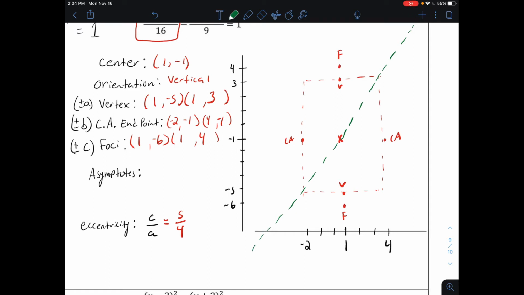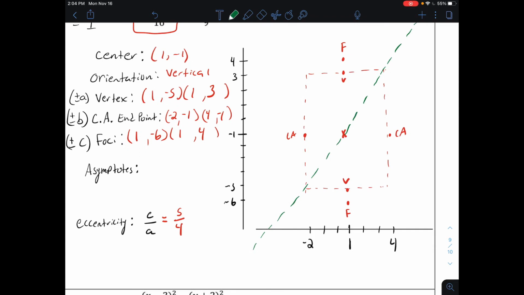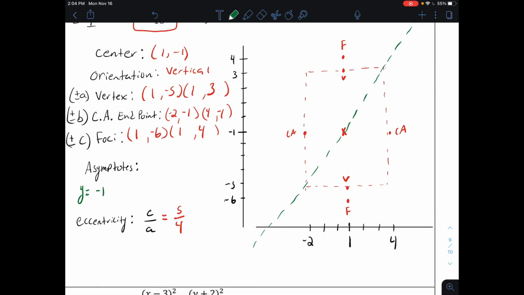Now, as soon as I do that, I need to go write that equation. Our asymptote here would be y equals, you'd take the y value of the center, so -1, plus our slope, which we'll get to in a second, times x minus the x value of the center. Now, for the slope of this line, I would start at my center and go up and right.